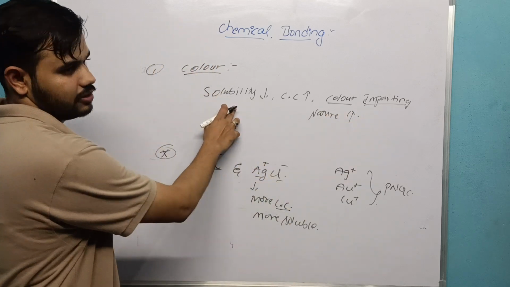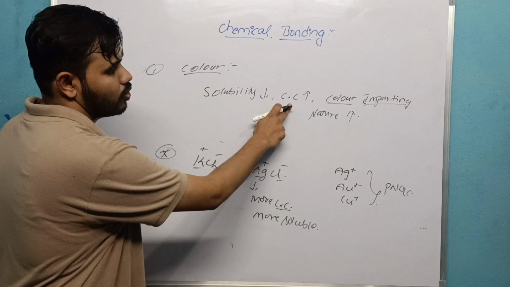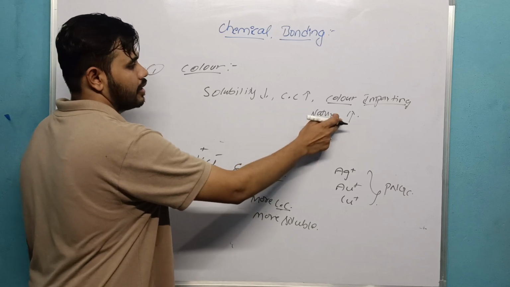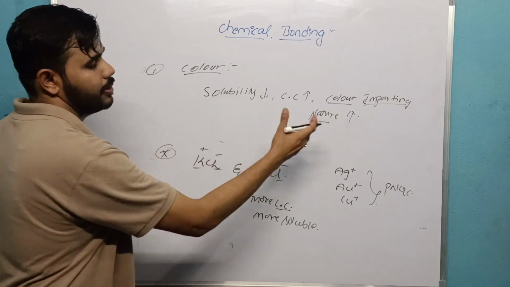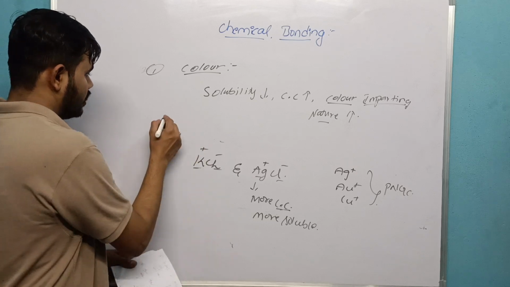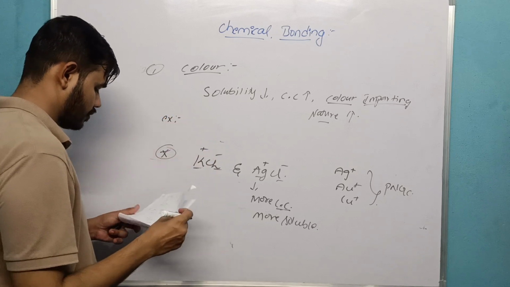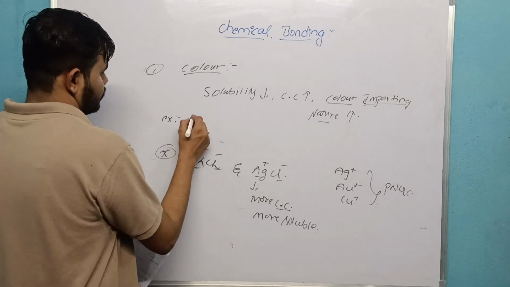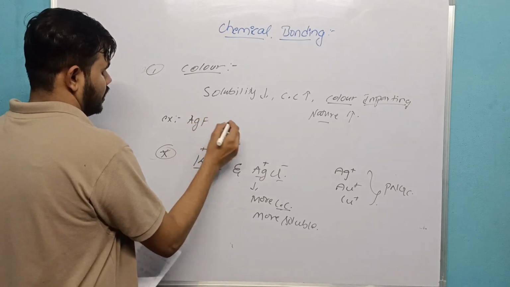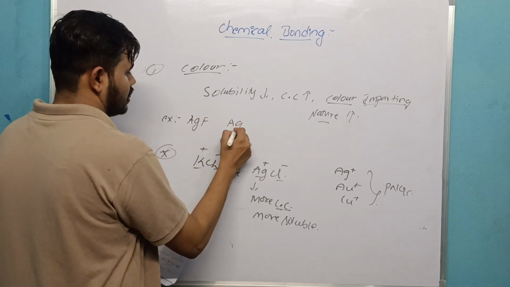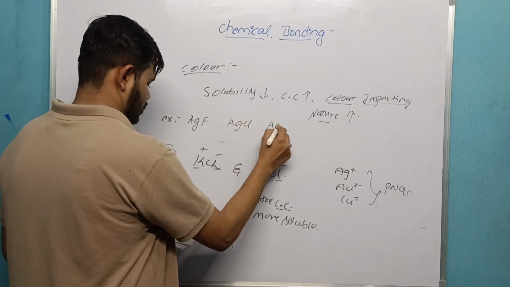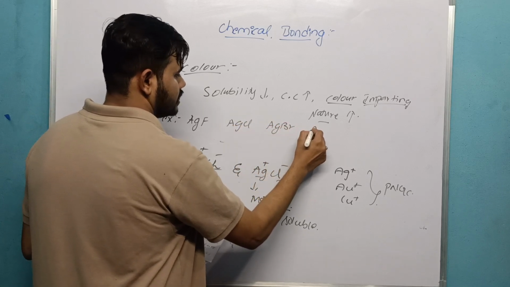If solubility is less, covalent character will be more, and color imparting nature in this case will be more. For example, let's take AgF, AgCl, AgBr, and AgI.